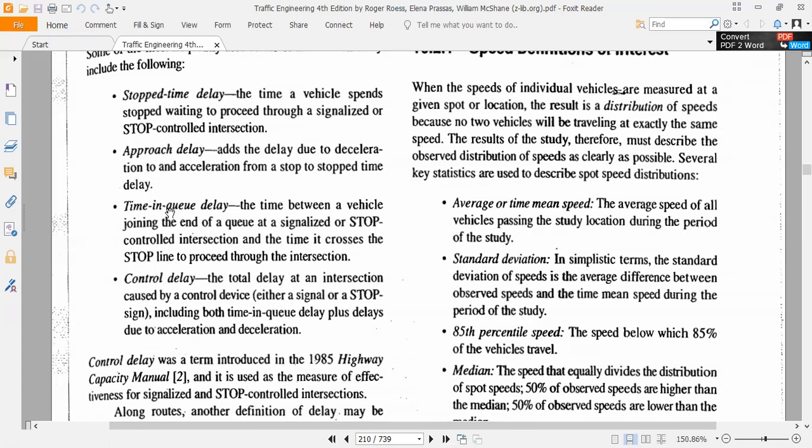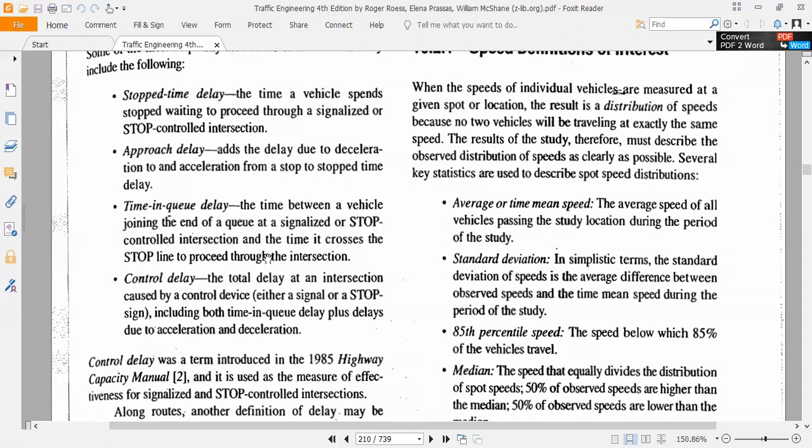The third definition is time in queue delay. It is the time between a vehicle joining the end of a queue at a signalized or stop control intersection, if the red light is on, and the time it crosses the stop line to proceed through the intersection.